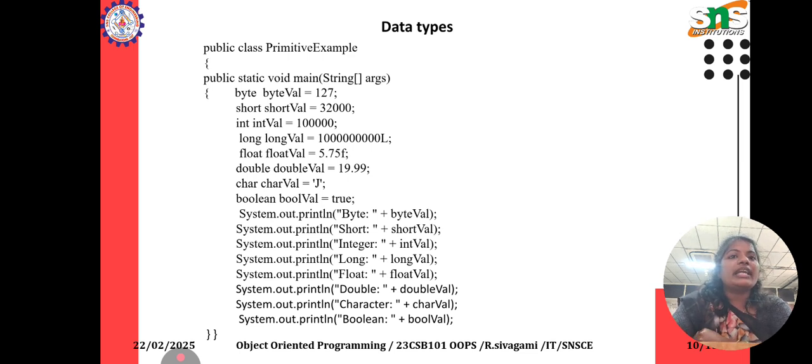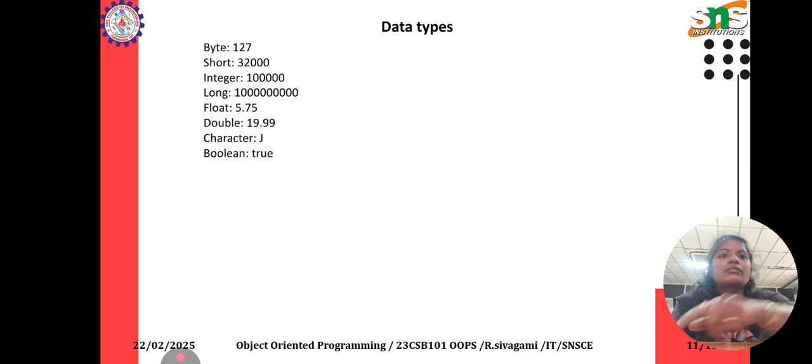Here I have declared byte value equal to 127, short and so on. I just give values for the data types and print all the values. Here is the output of the program. You just put the program into your system and find the output.